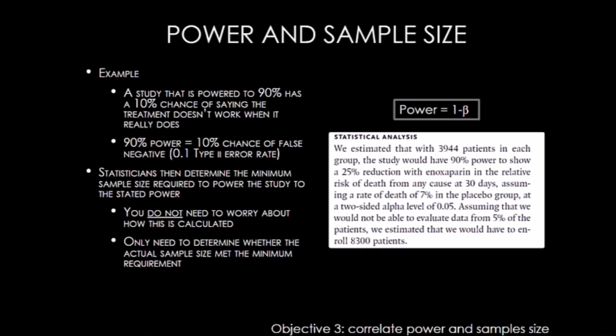With the given values, statisticians then determine the minimum sample size required to power the study. So that calculated value is at 3,944 in each group, so 3,944 times 2, 7,888 would be the sample size required to power the study. And at the bottom, you see they enroll more than that, 8,300 patients. This would be to account for their given losses.